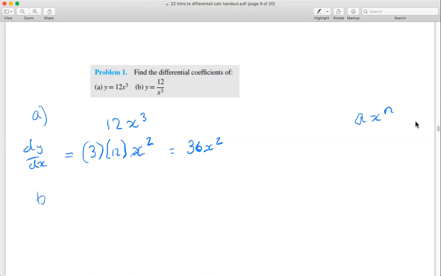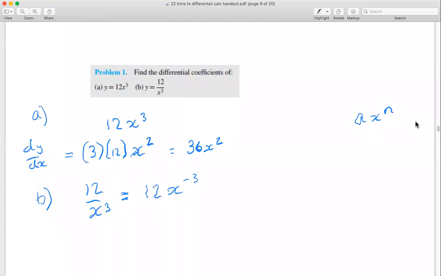Now B. We've got 12 over x cubed. Can you see anything like that in the table? No. But how else could we write it so that you can see something like it in the table? Not quite, but we can bring the x up and make the index negative.